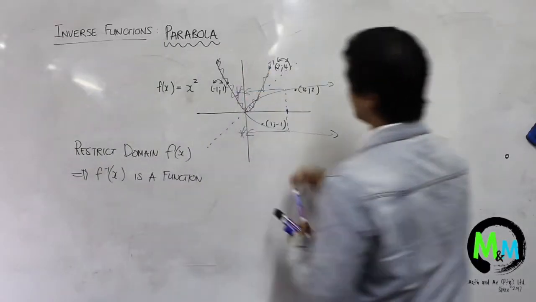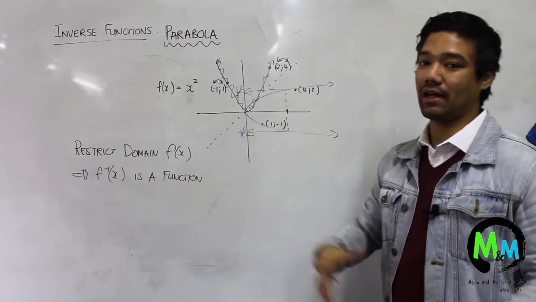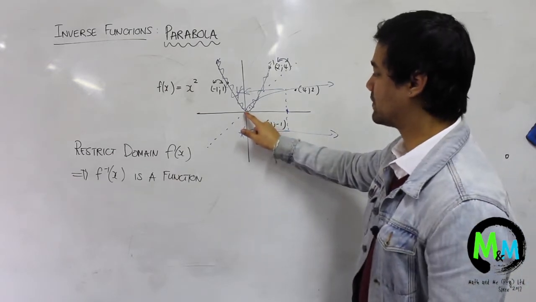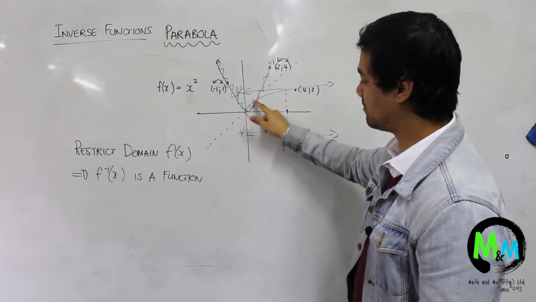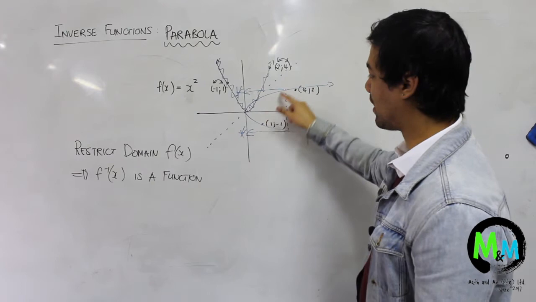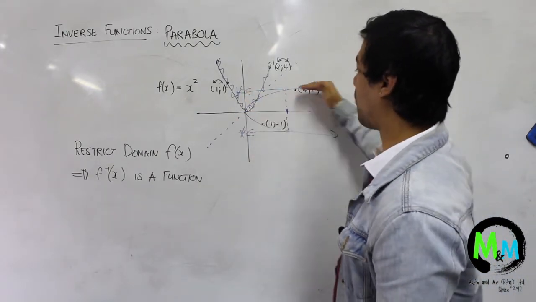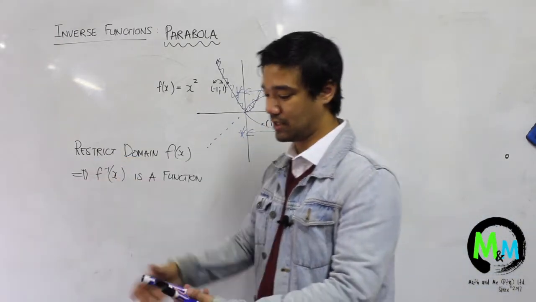If we look at where it becomes not a function, we see that it's after my graph turns, because once my graph turns, then one x value starts to output two separate y values. So we are going to need to only use one half of the graph. That's where restricting the domain comes in.